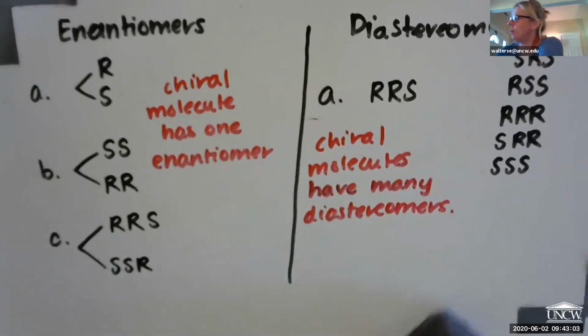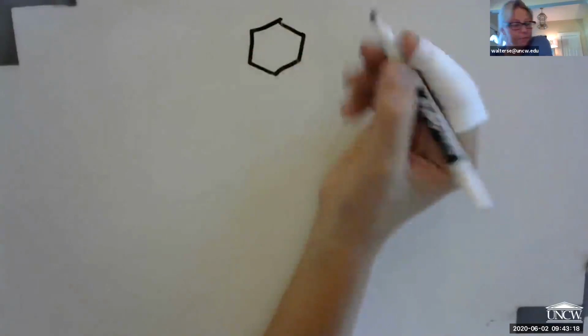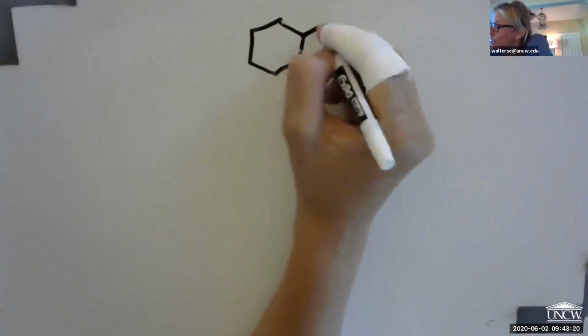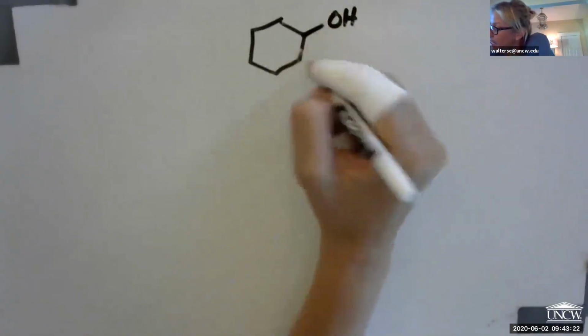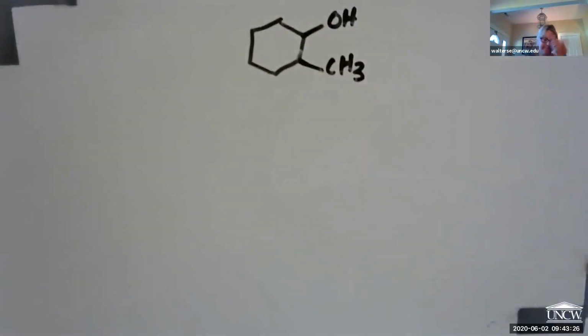All right, so let's look at a molecule with 2 stereocenters. So I'm going to draw it flat, cyclohexane disubstituted. Okay. We have a hydroxide and we have a methyl.